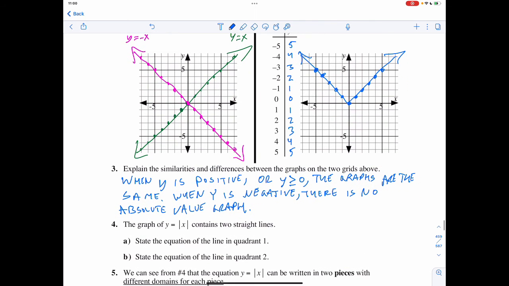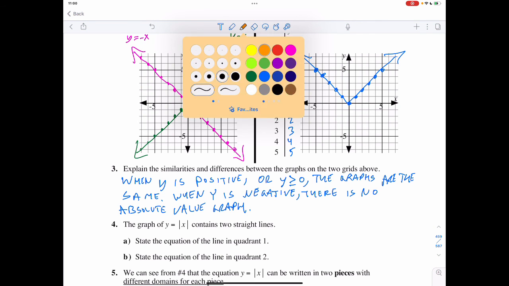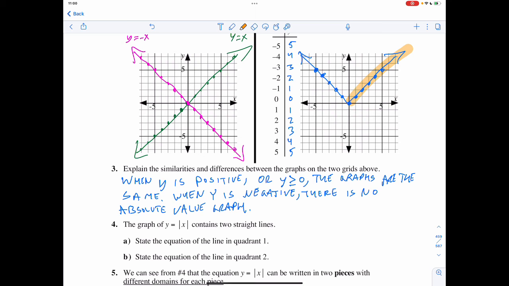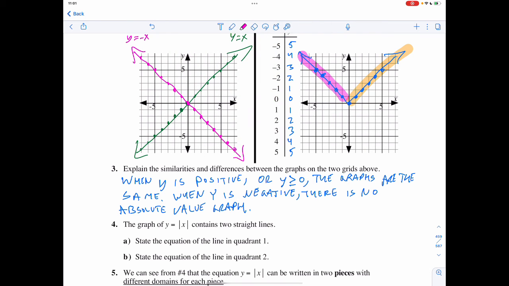We can see that the graph for the absolute value contains two straight lines. One straight line here and a different one over here. We can see that they look similar where it says state the equation of the line in quadrant 1.